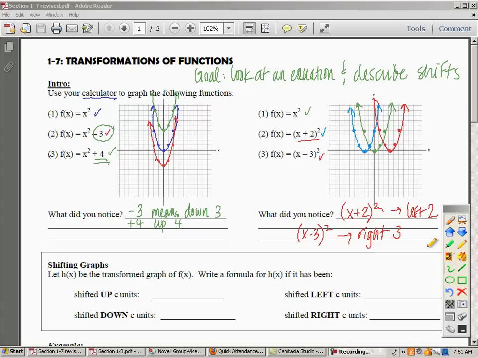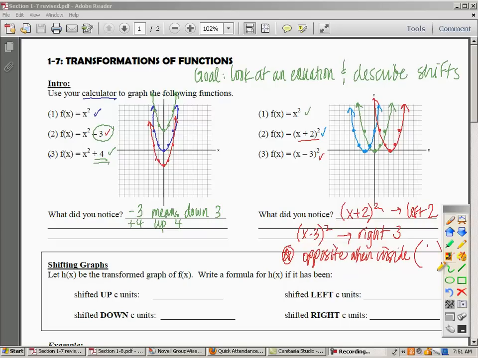Look again, what ended up happening here? Normally a plus 2 we would say go to the right, so you may want to make a little note here that it goes the opposite of what you'd expect when it's inside the parentheses. Opposite when inside the parentheses.